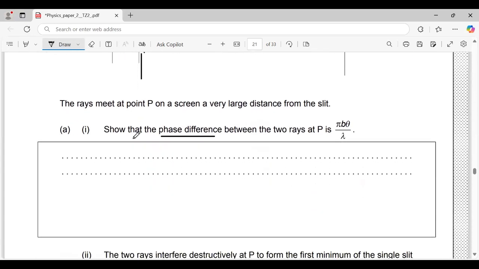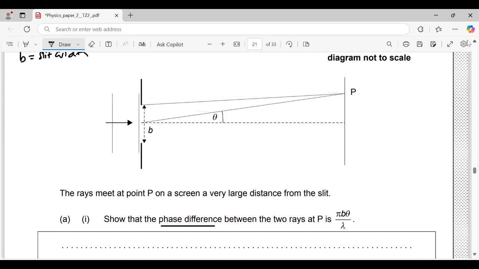Now, the question is to show that the phase difference between the two rays at P is pi b theta over lambda for diffraction at a single slit. For diffraction at a single slit, the phase difference between the two rays, the first ray and the second ray, at point P is due to the path difference between them.